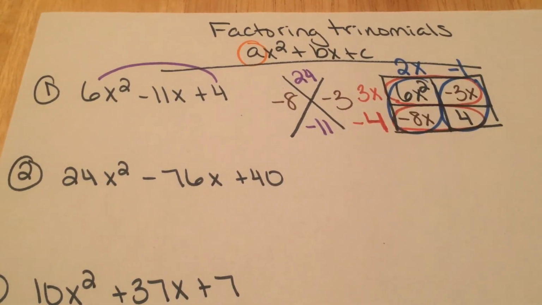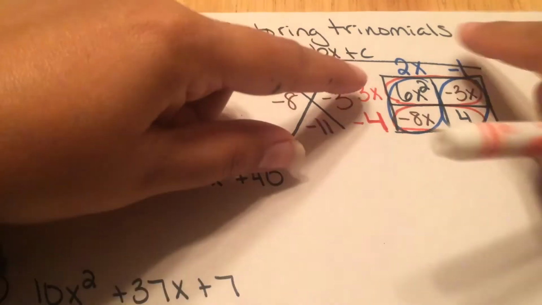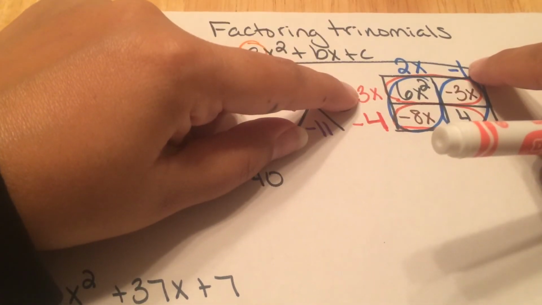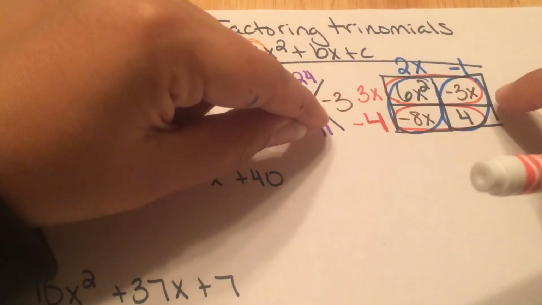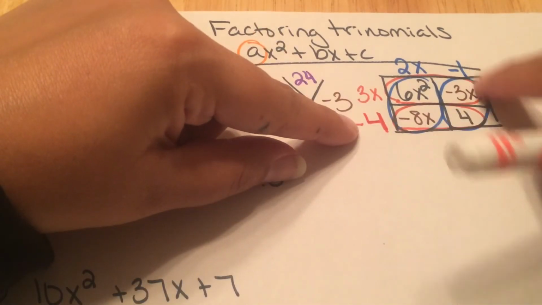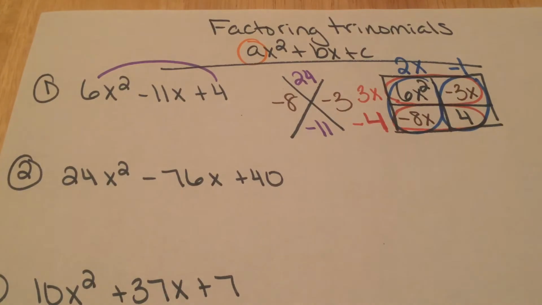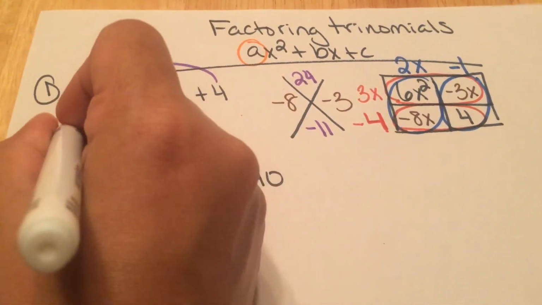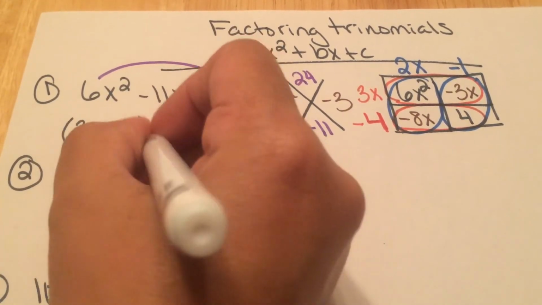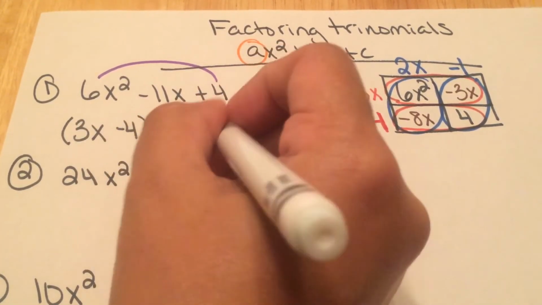So now we can go ahead and not multiply. I guess we could multiply to check. 2x and 3x have a 6x squared. Negative 1 and 3x have a negative 3x. Negative 4 and 2x have negative 8x. And negative 4 and negative 1 have a positive 4. So now we can go ahead and write our factors. And our factors are going to be 3x minus 4 times 2x minus 1.